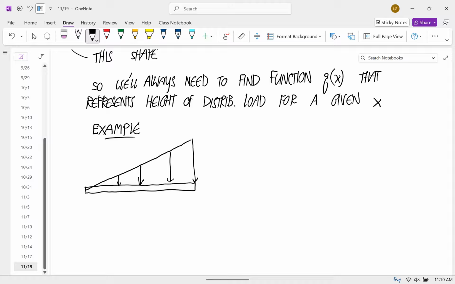And let's say that the height of this distributed load is 5,000 newtons per meter. And let's say that the length of this beam is 5 meters. Okay, so what we're going to need to do is find this function q that represents that diagonal line, because that diagonal line gives the height of this distributed load at any x value.